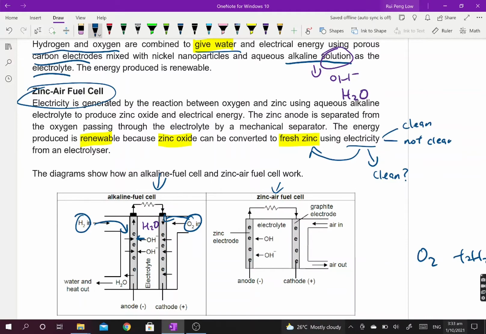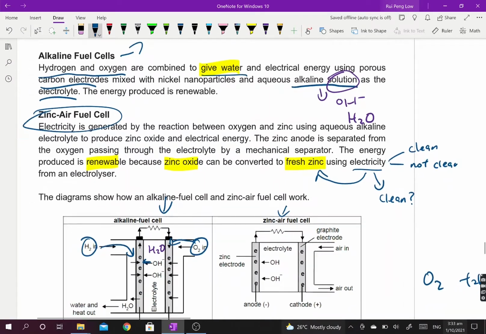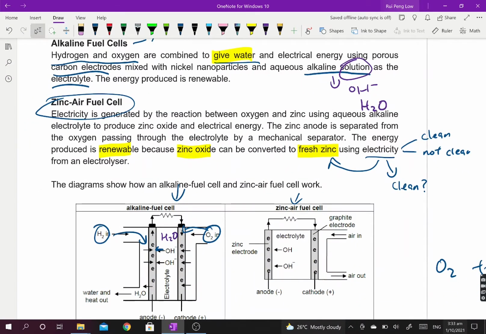Okay, but how about hydrogen? We have the same idea. How do we get hydrogen? Typically we get hydrogen from the refineries, or you can get hydrogen by conducting electrolysis of water.